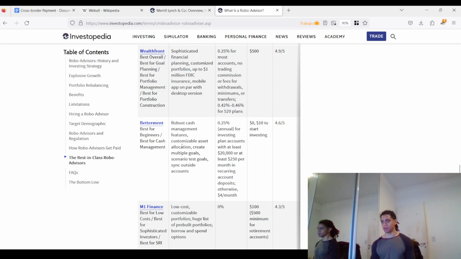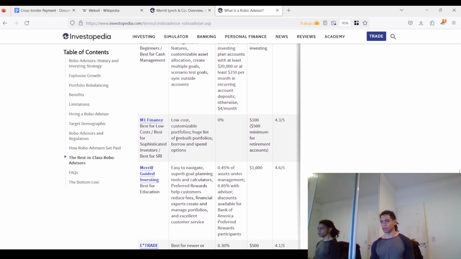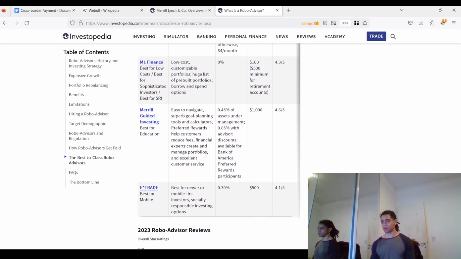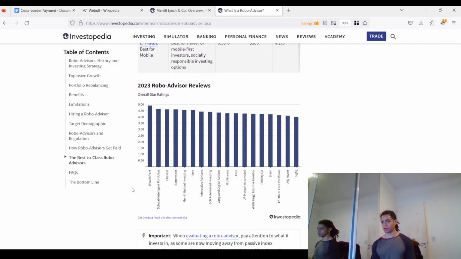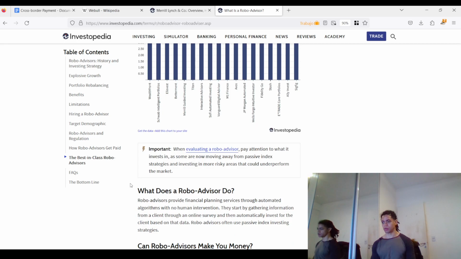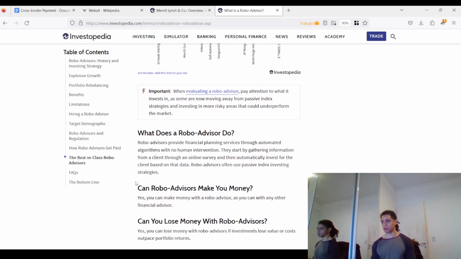Betterment, best for beginners, best for cash management. A1 Finance, Merrill Guided Investing and E-Trade. Moving away from passive index trading and investing in more risky areas that could underperform the market.